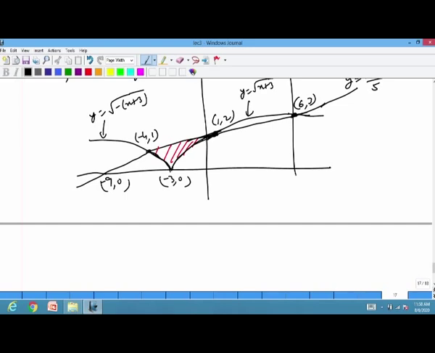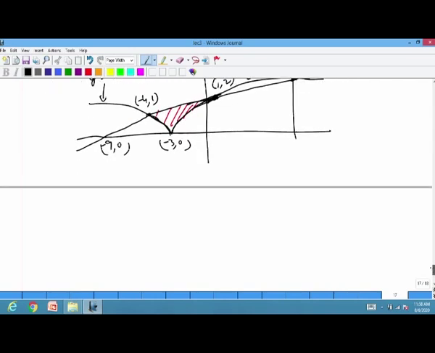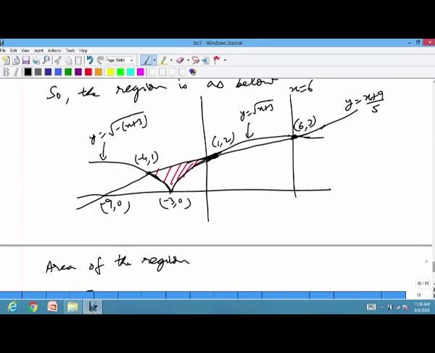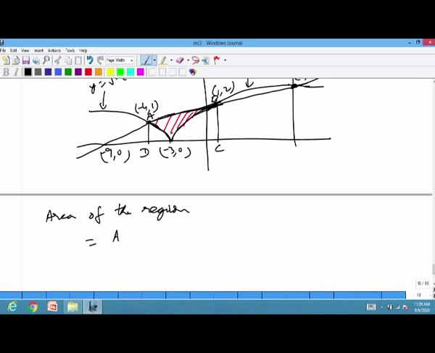So, to find this area, note that here the upper one, because it's a straight line, we can find this, let us call these points as A, B, C and D. So, this is area of trapezium ABCD minus the area of these two.